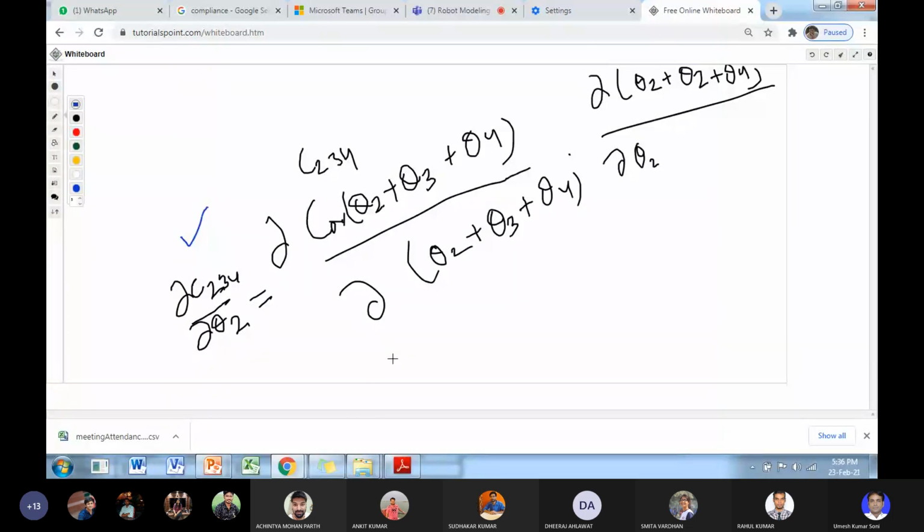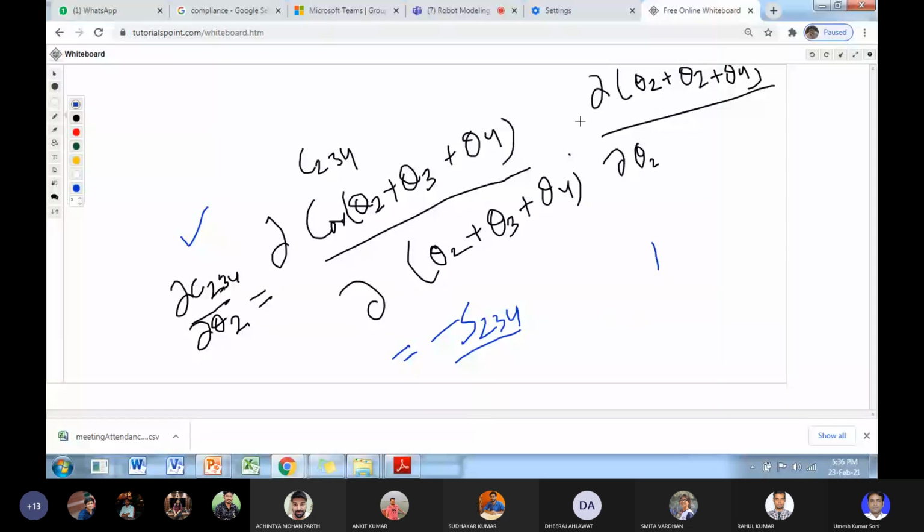So what will be the value? This will be 1, and the differentiation of cos is minus sin, so minus S234.